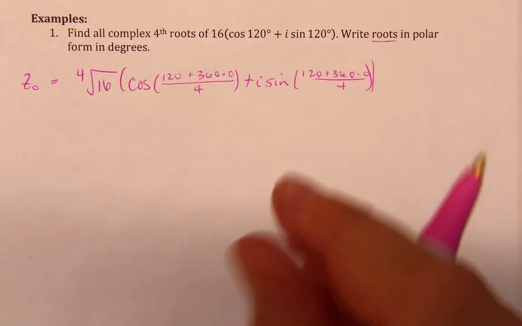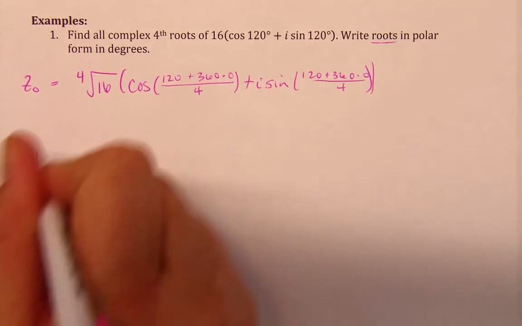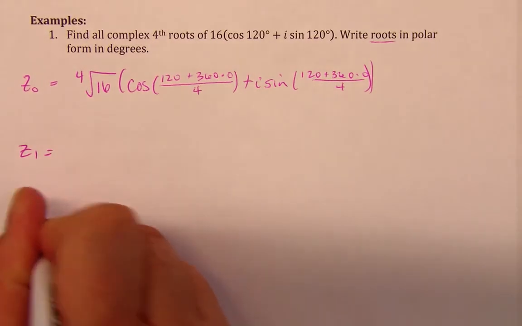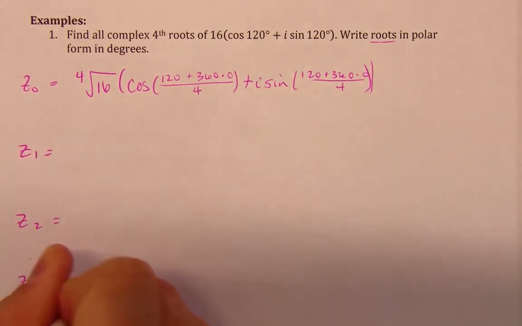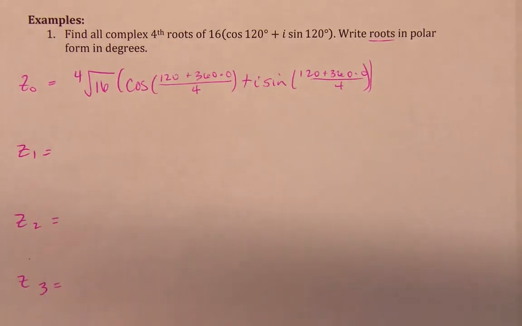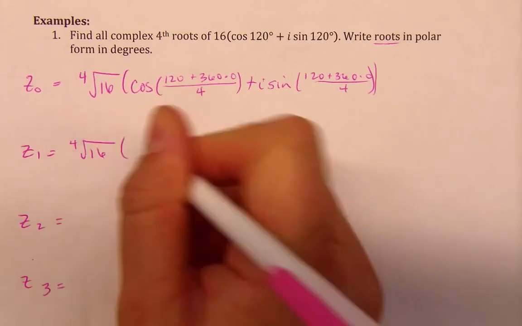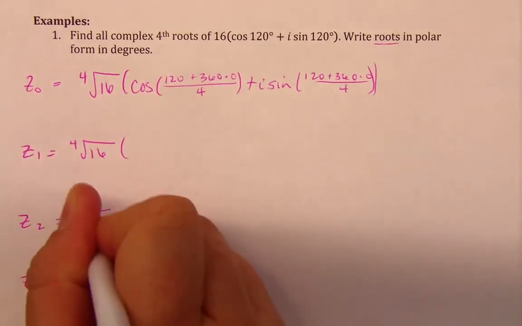And for these questions, a lot of times I like to set them all up first, and then we'll evaluate them after. And since we're taking the 4th root, we'll go all the way up until z of 3. So I'm going to set up all my problems here.